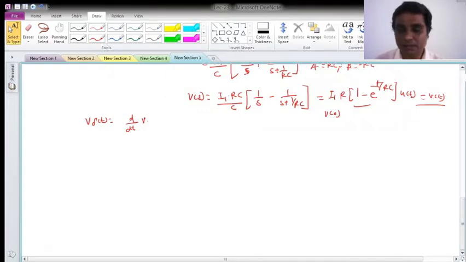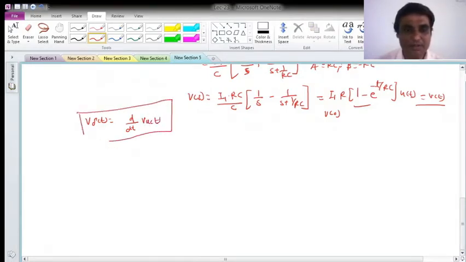So we can find out the impulse response of it, by differentiating this step response. That is what I wanted to take.